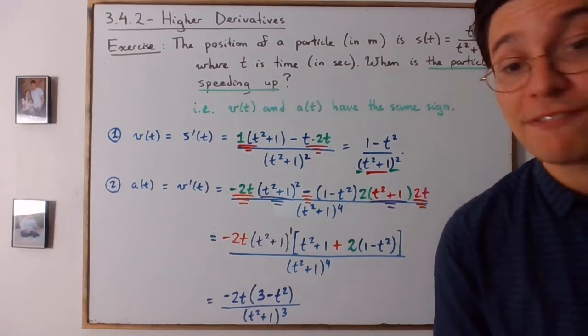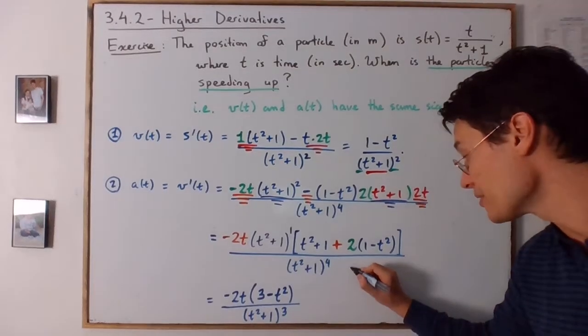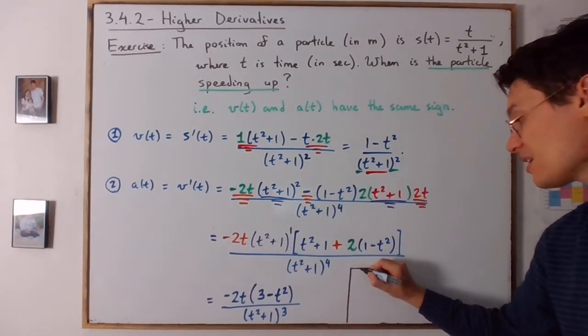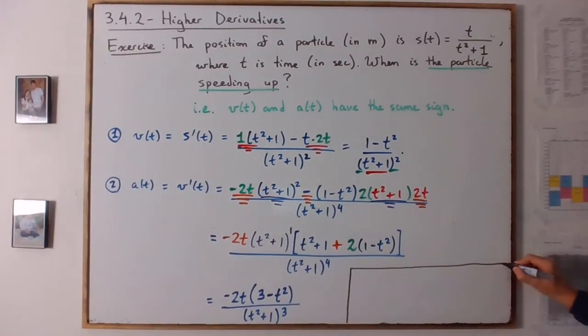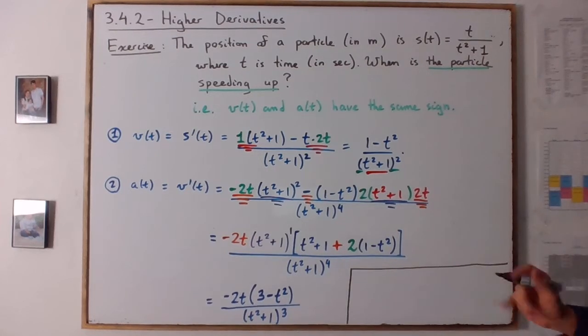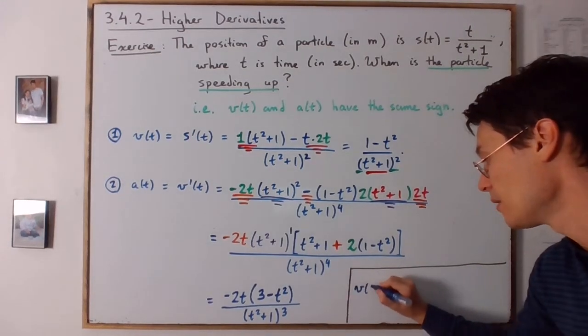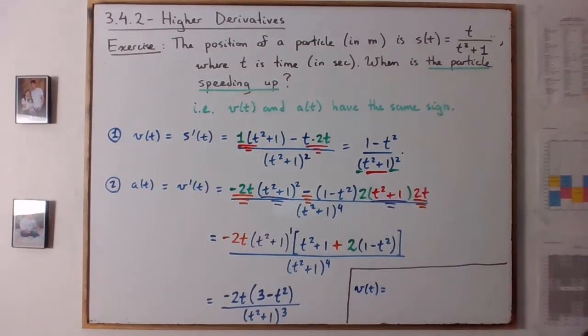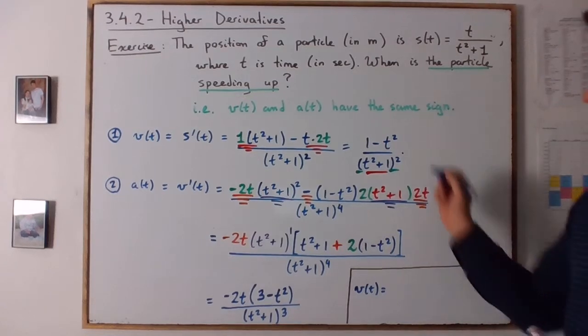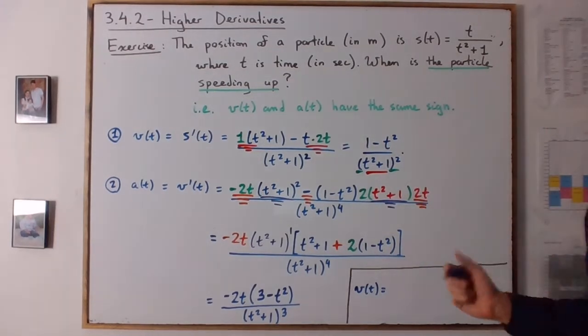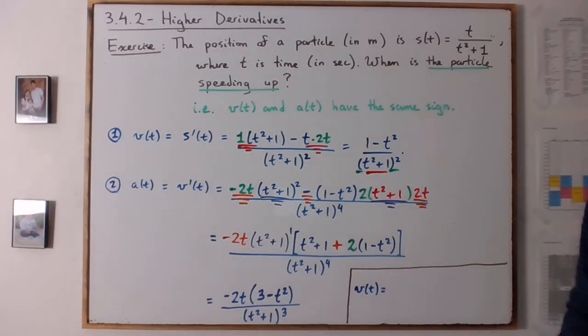Now, for what follows, it's very important to have both the velocity and the acceleration both written here and fully simplified. So for the velocity, it's even useful to factor out everything.